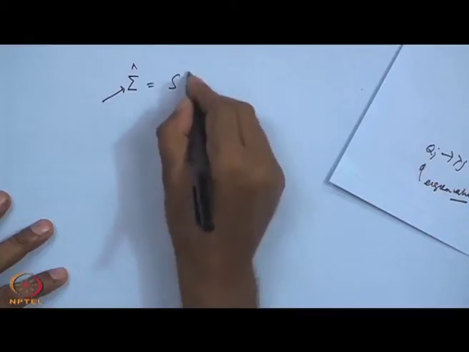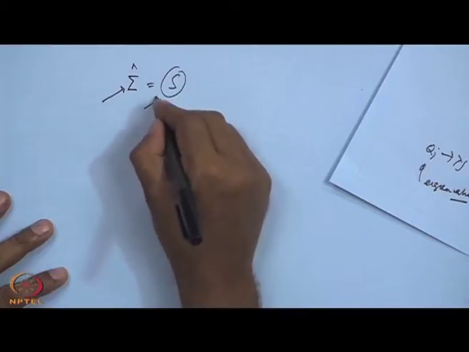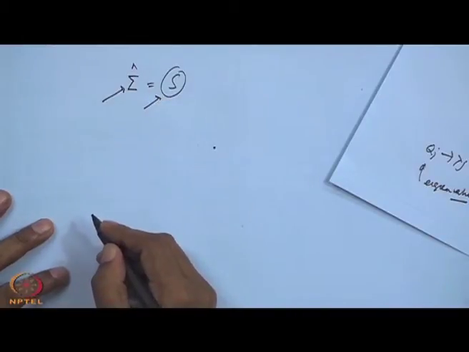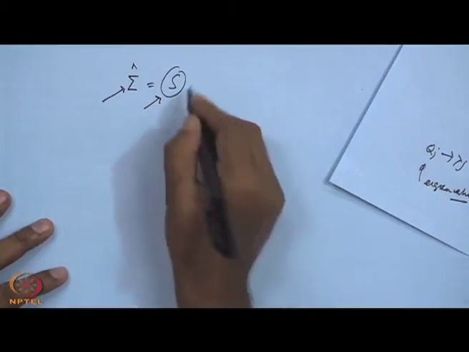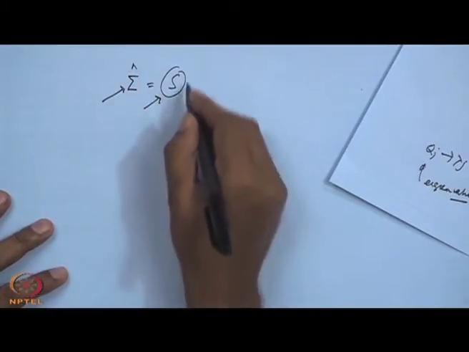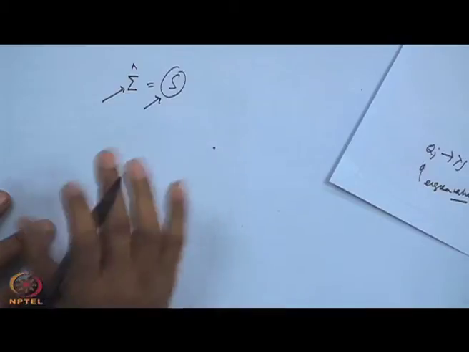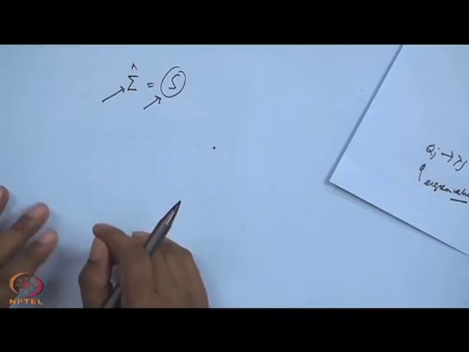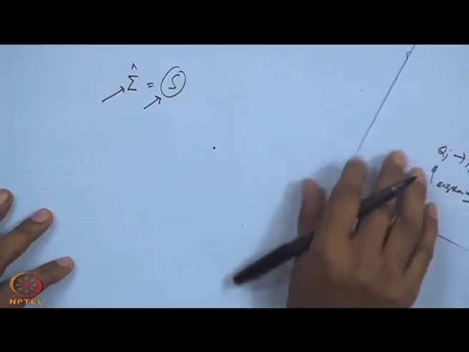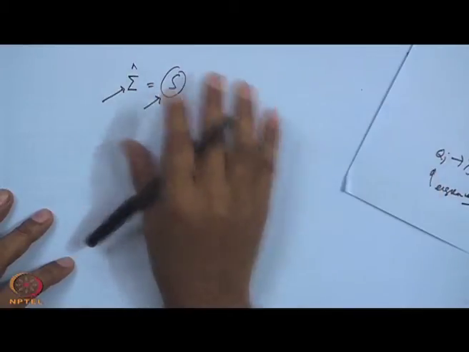When you are talking in the sample domain, we are talking about this matrix, and our aim was to extract the minimum number of significant factors. What this minimum value is we have not discussed, I will show you. But in principal component analysis, we have seen which are the important components that can be kept.